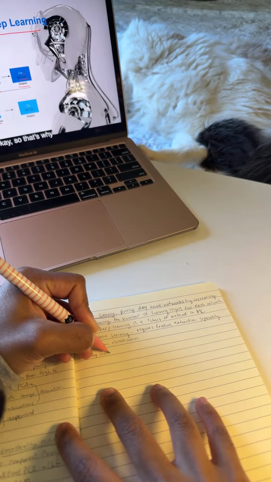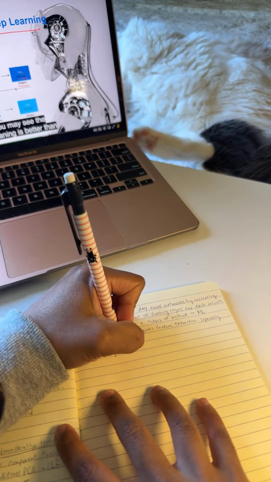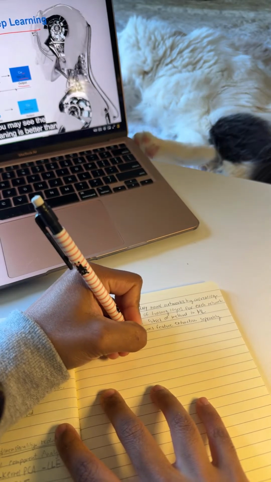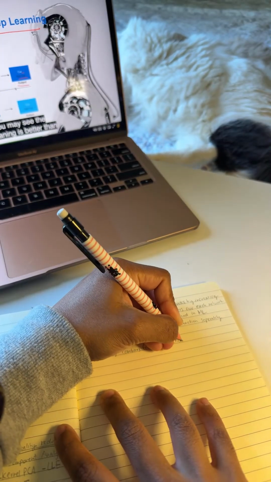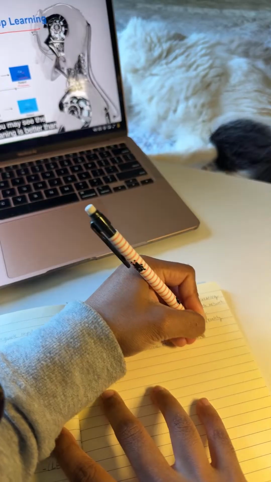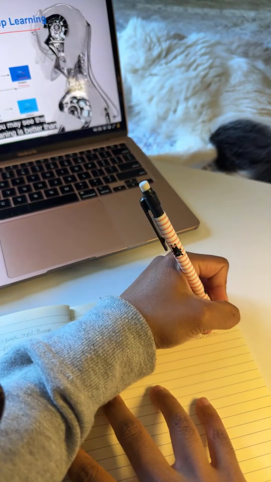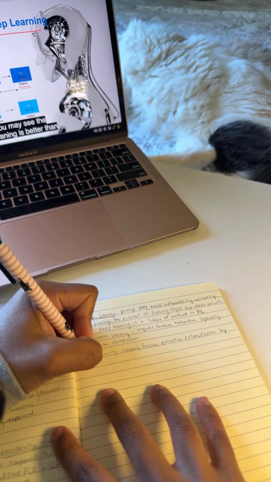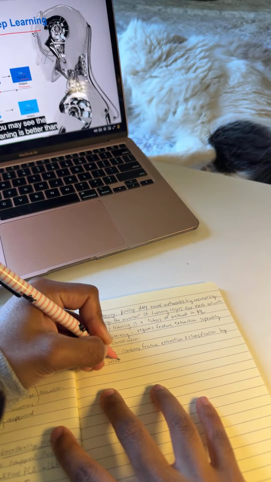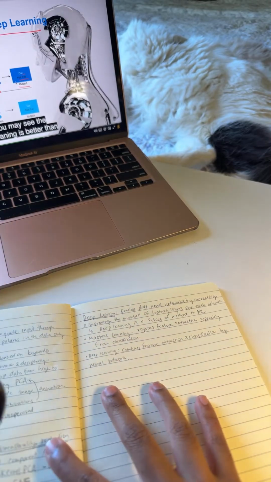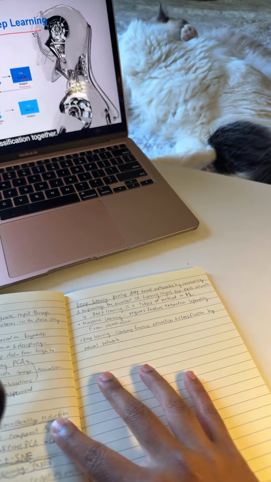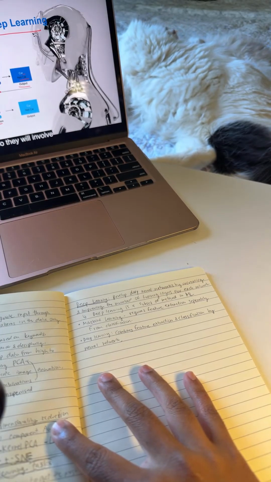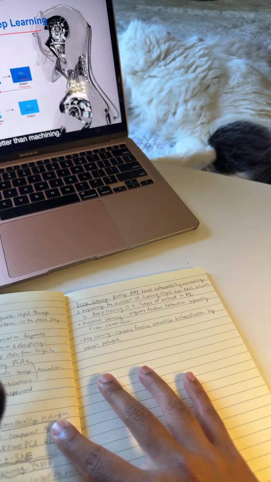That's why you may see that deep learning is better than machine learning, because it treats feature extraction and classification together. They learn the knowledge from data together, so that's why deep learning is usually better than machine learning.